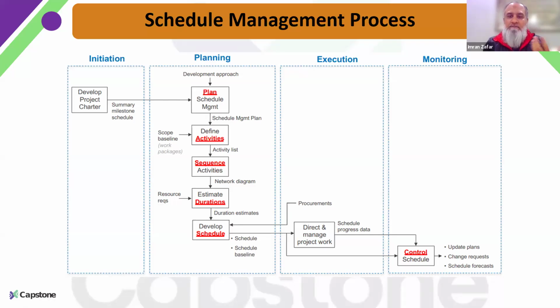Whatever schedule we have, the start date and the end date of the project, is also one of the fundamental pieces of the definition of any project: a project is a temporary endeavor. Temporary means it should have a start date and end date. That start date and end date is basically our overall schedule.